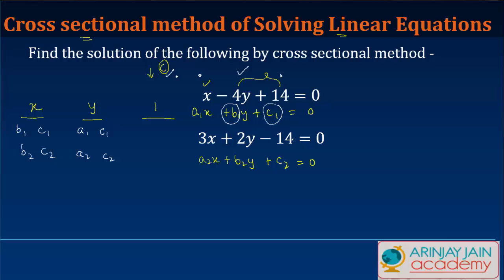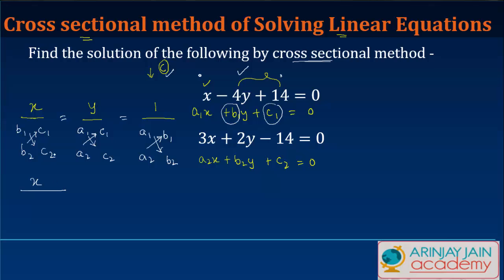For 1, which represents c, I write a1 a2 b1 b2. Under this method, you do a cross multiplication, and these are considered equal. When I say cross multiplication, we multiply b1 with c2, b2 with c1, a1 with c2, a2 with c1, a1 with b2 and a2 with b1.